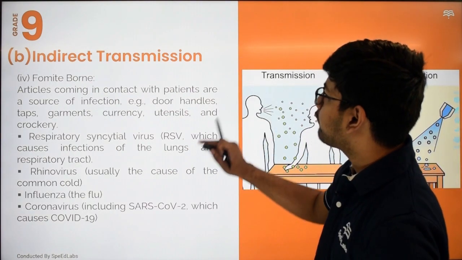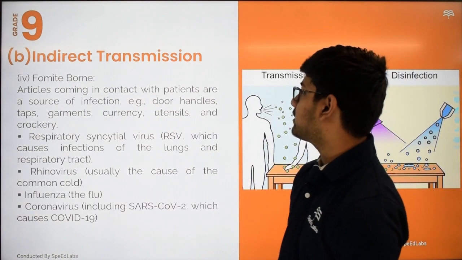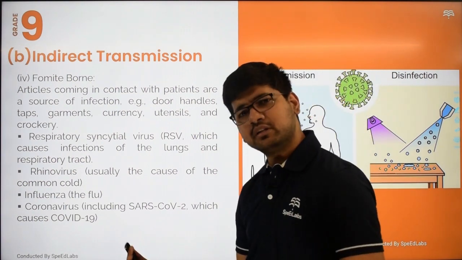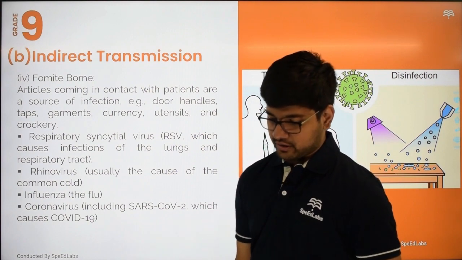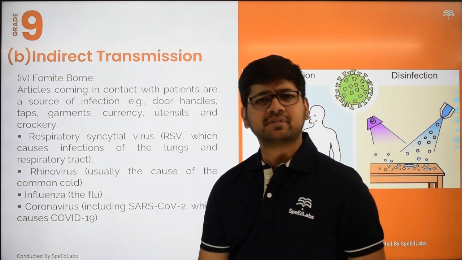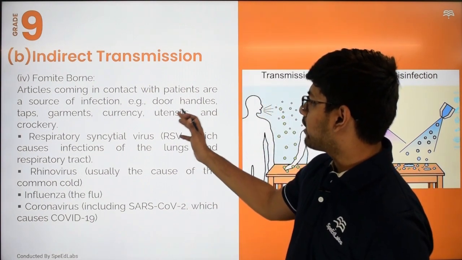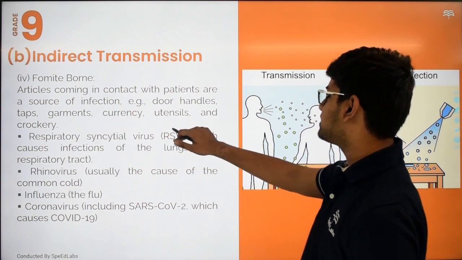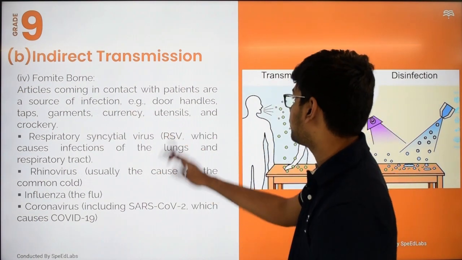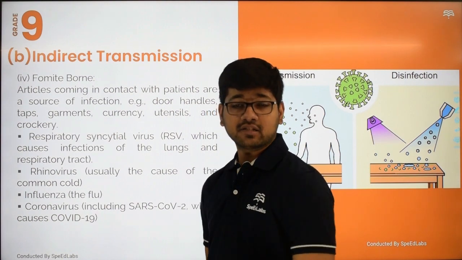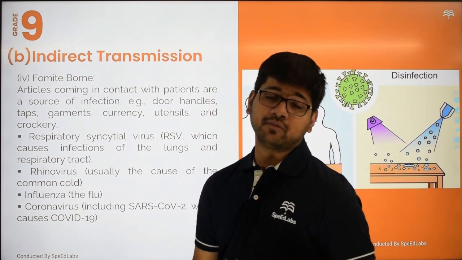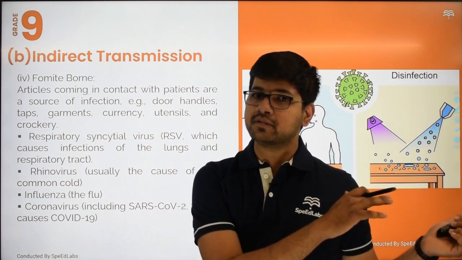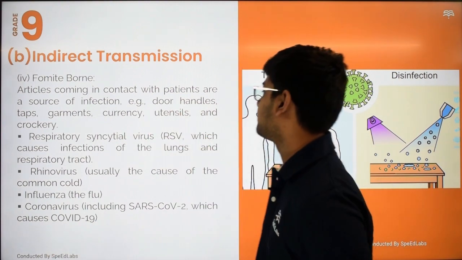Now we talk about fomite-borne diseases, in which articles or normal things that we use, it could be a pen, a vase, cups, door handles, taps, garments, currency notes, utensils and crockery, are some of the things through which disease may pass from an infected person to a healthy person.